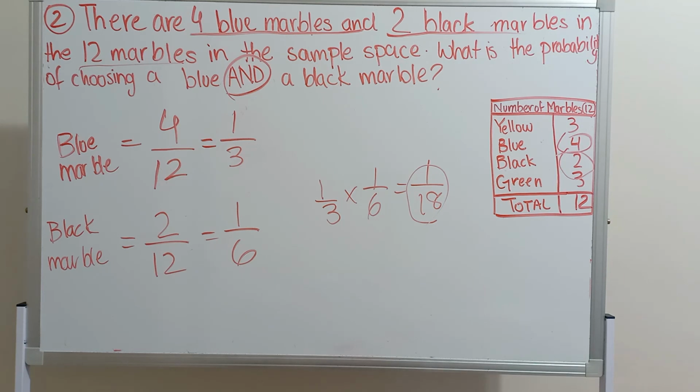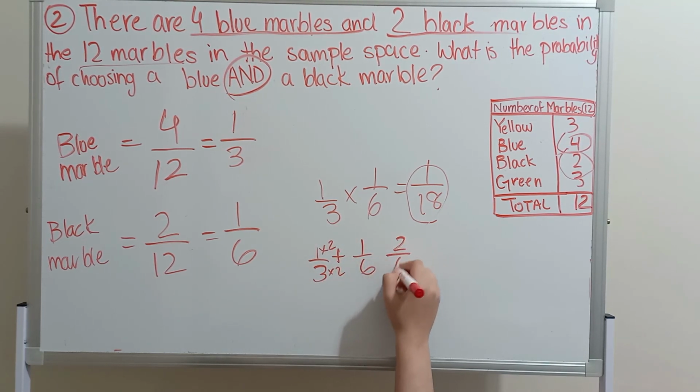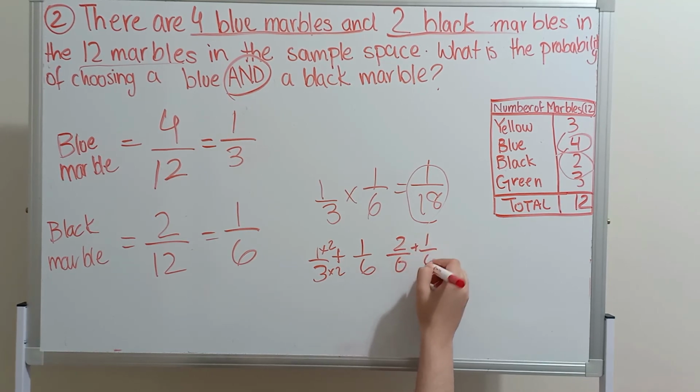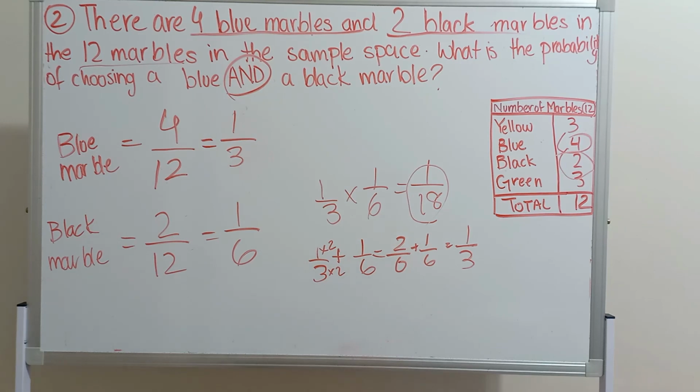Now again, if it was choosing a blue or a black marble, as we did before, we will just add 1/3 plus 1/6. We multiply the first by 2, so 2 over 6 plus 1 over 6, which is going to give us 1/2.